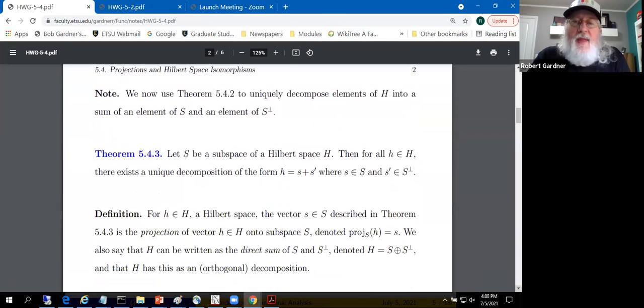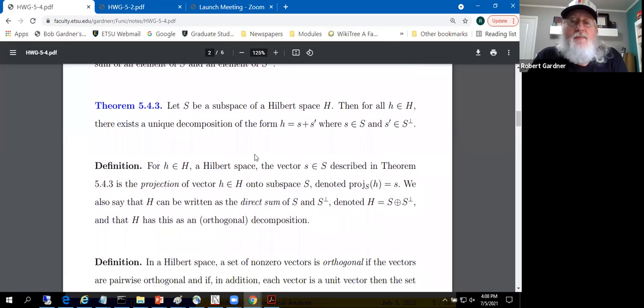Now, that nearest vector allows us to do a kind of decomposition of the elements of H into an element of a subspace S and the perp space to that subspace, as stated in Theorem 5.4.3. And all this perp stuff, there's got to be geometry behind this.